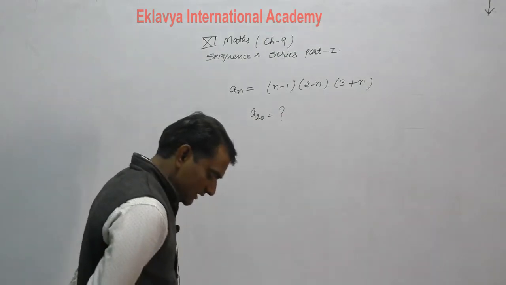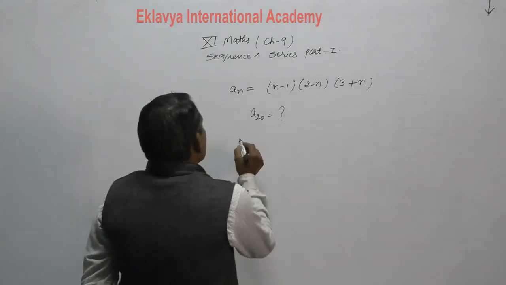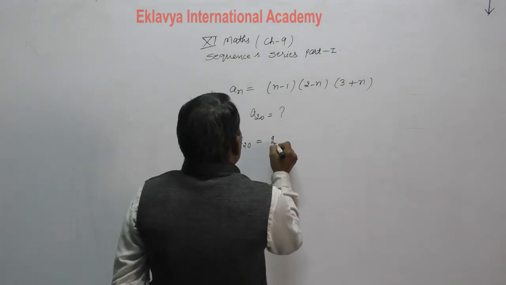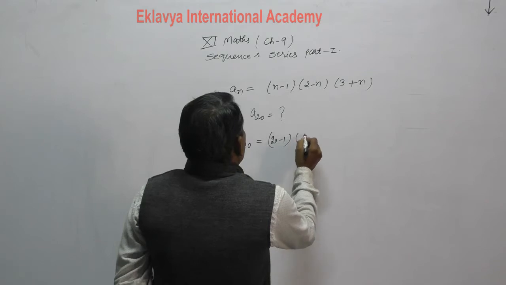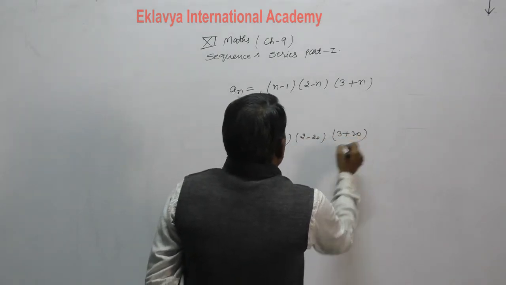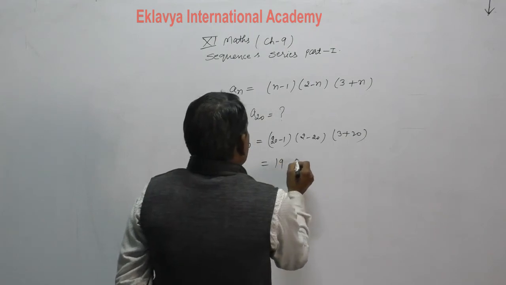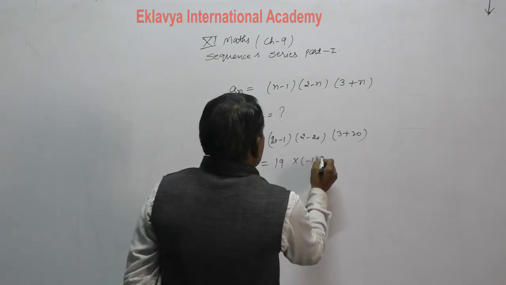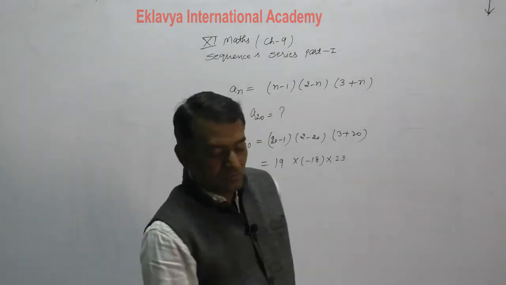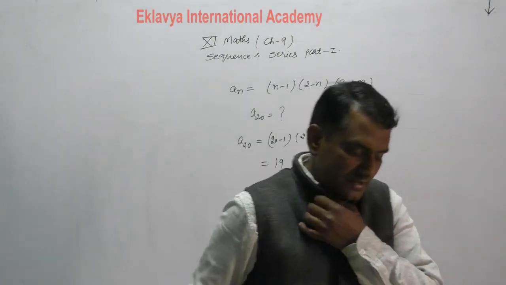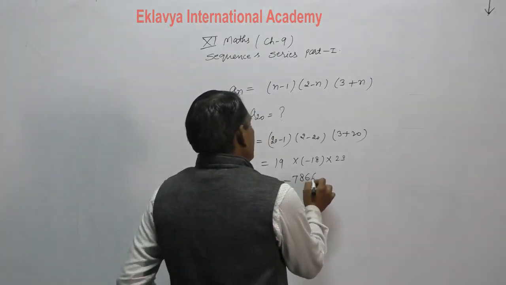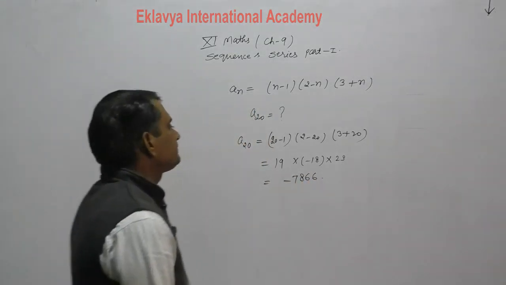So a20 is equal to (20 minus 1)(2 minus 20)(3 plus 20). So there will be 19, there will be minus 18, there will be 23. Overall the product of all 3 terms is minus 7866. Calculate it and write it here.